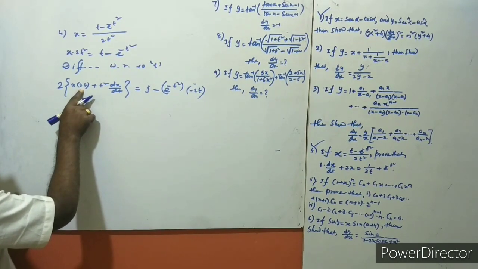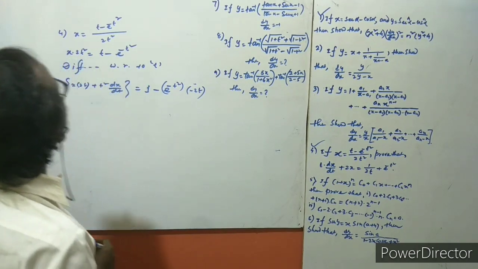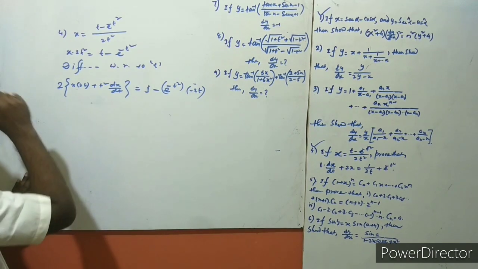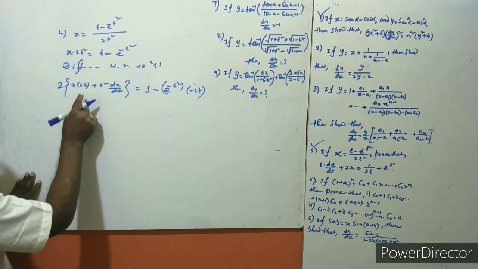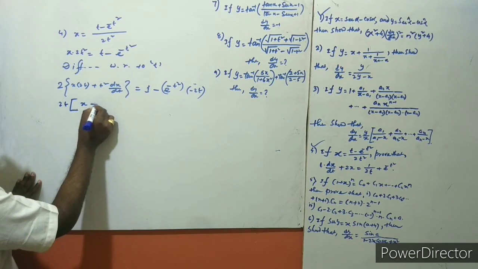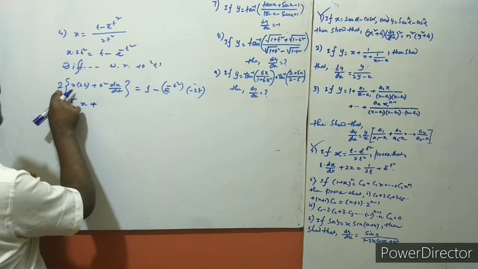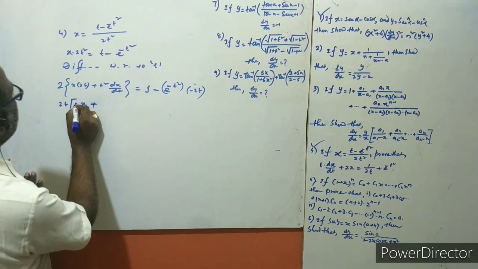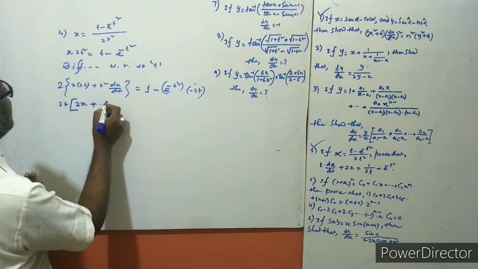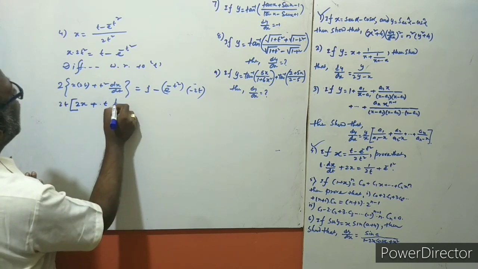This is 2t square. Okay, right. So now multiply, take common 2t. Then you get x plus 2t, this is 2x, then t, this is t, and dx dt.